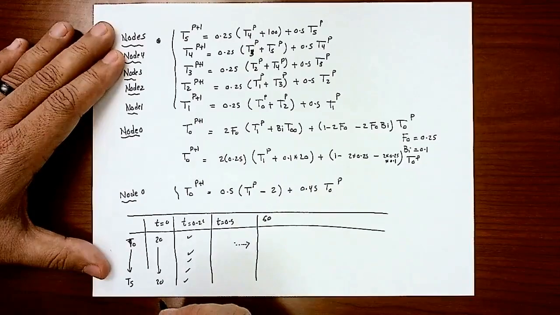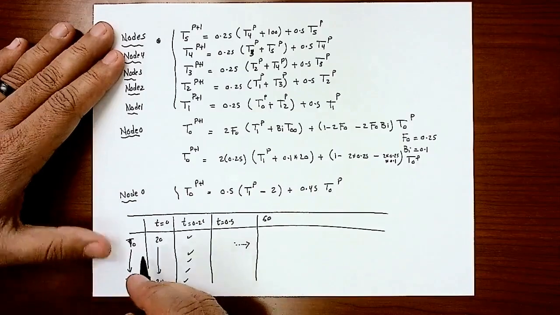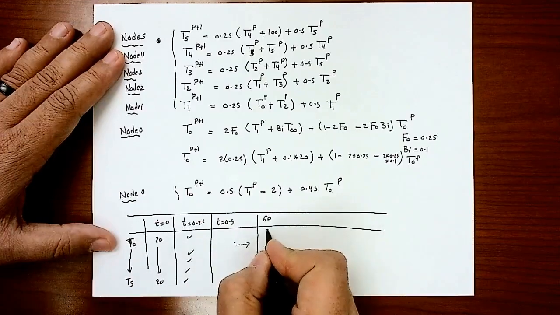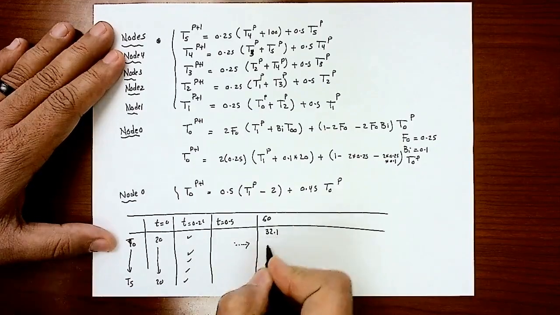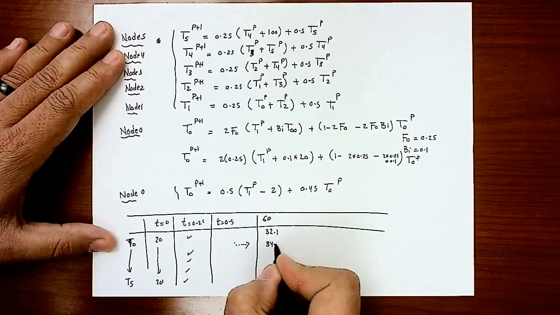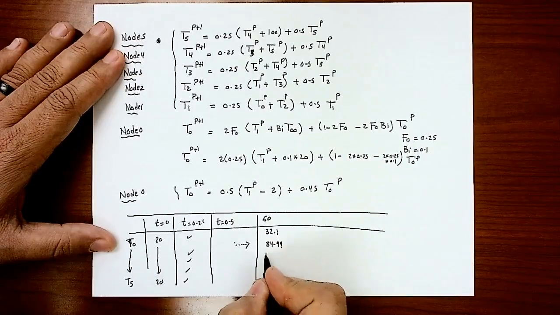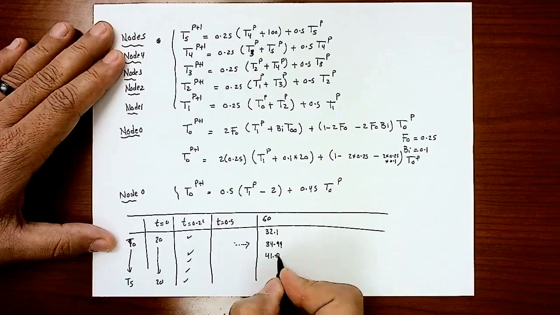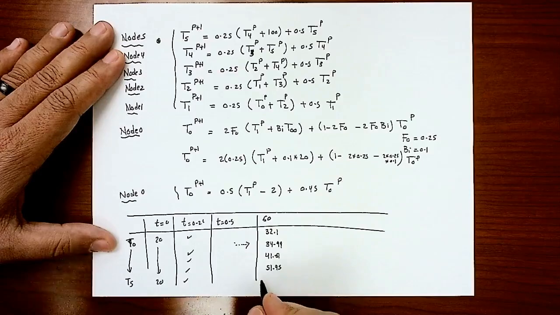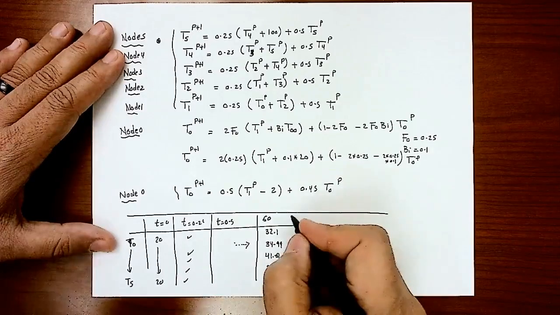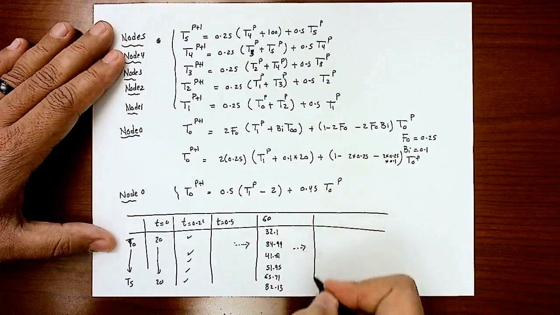At 60 seconds, starting from T node, I got 32.1, 34.99, 41.61, 51.95, 65.71, 82.13.